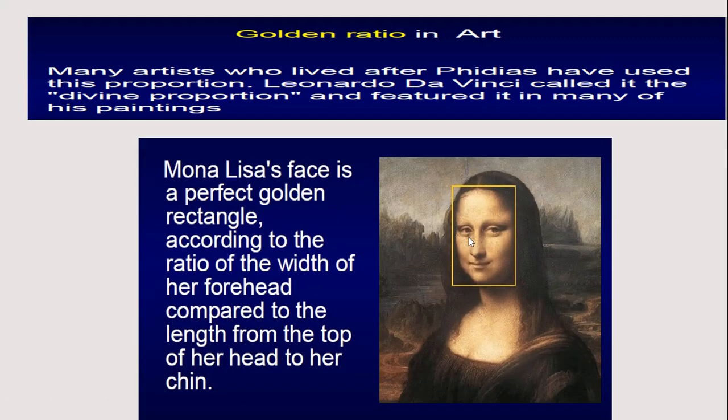An example is that the Mona Lisa's face is a perfect golden rectangle. Why? Look at the picture. According to the ratio of the width of her forehead compared to the length from the top of her head to her chin, it's proportional.